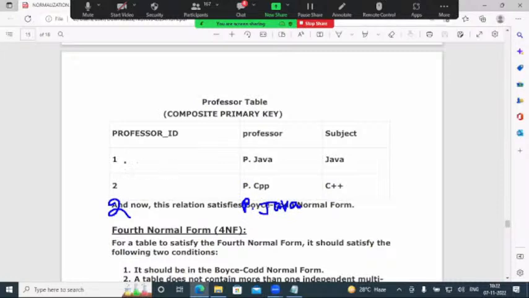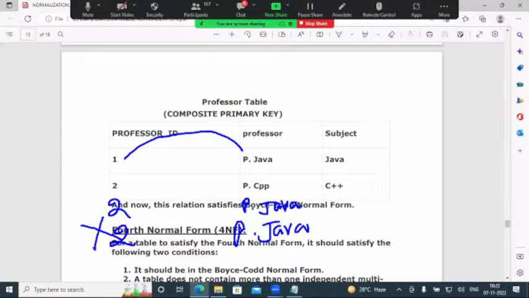Yes, because one Java and two Professor Java are different. Now, can I give the same Professor Java again? It is never allowed. Why, sir? Because a duplicate combination is not allowed.